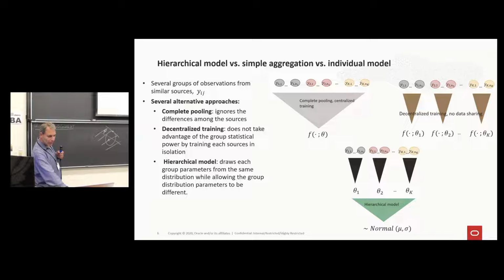The first one, we can pool all the data and train a single model. In the other extreme, we can fit a single model for each property, so we will have as many models as the number of properties, independently. And what the hierarchical model offers is combining these two extremes.